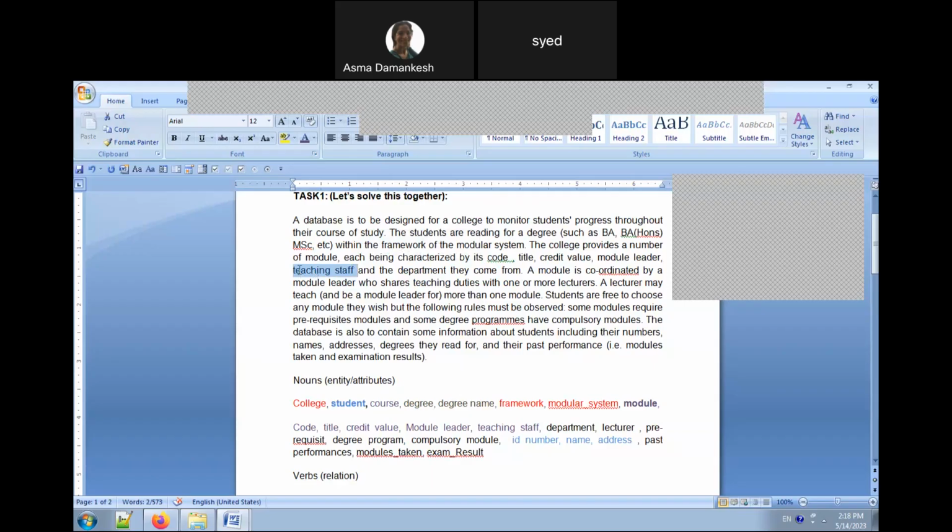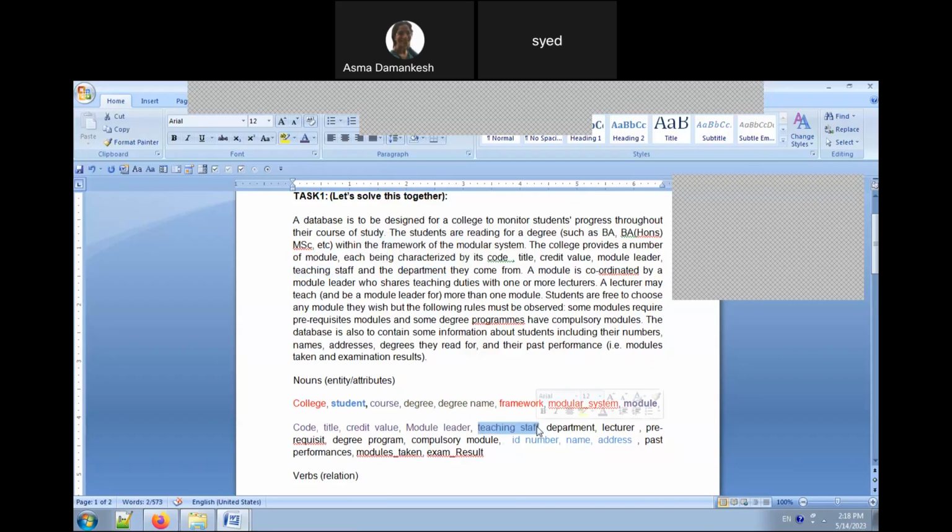So now this teaching staff has its own attribute, no? Which is the department. Since this is explained by some other attribute, it cannot be an attribute. It has to be an entity because only an entity can be explained by another attribute.